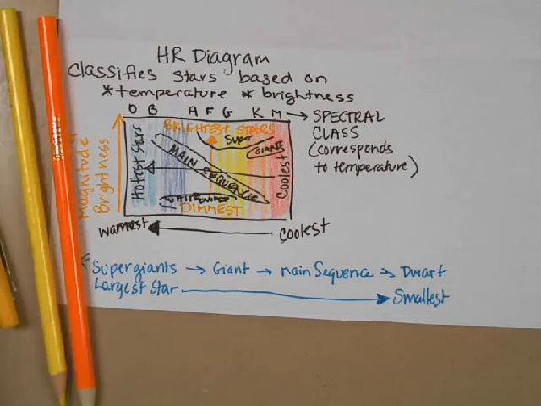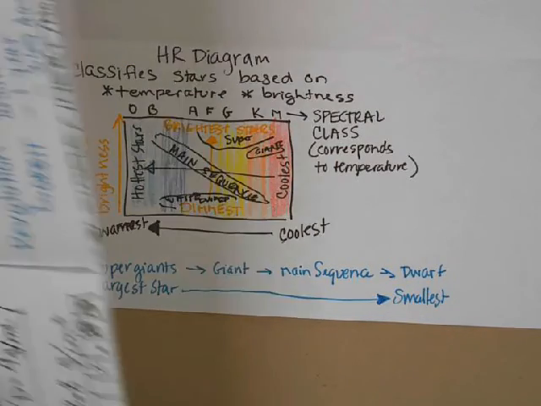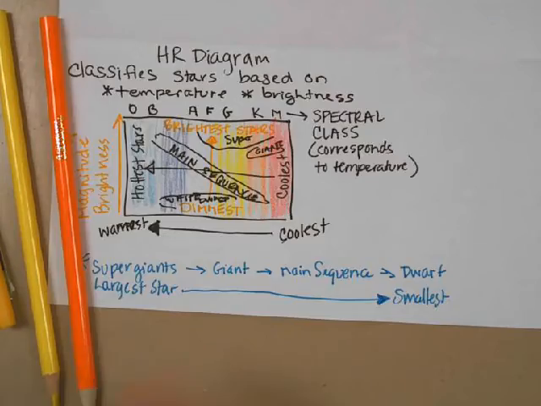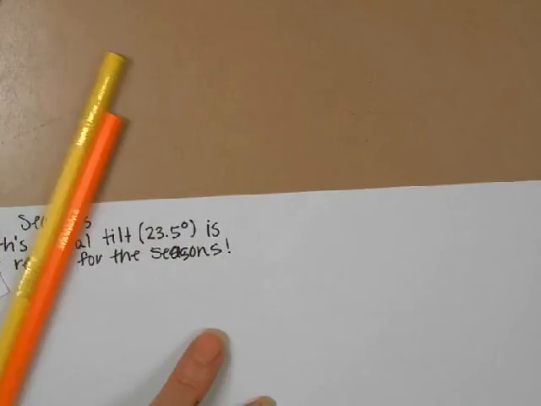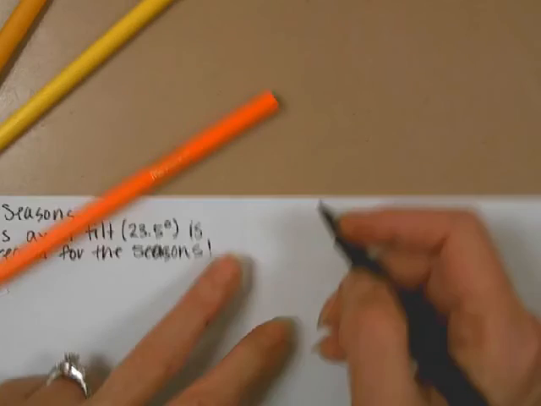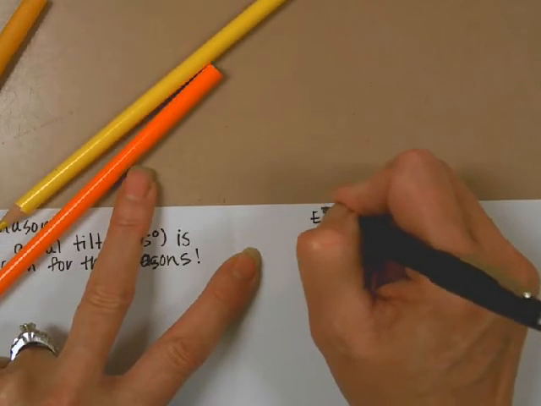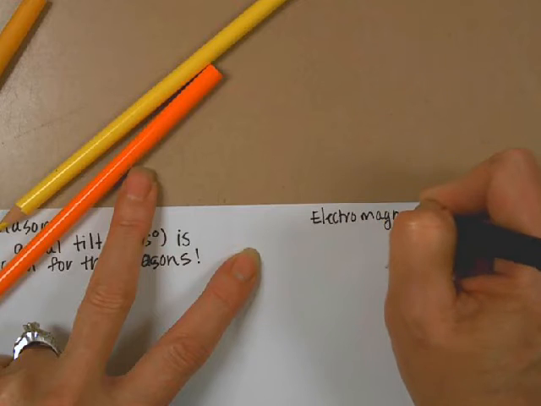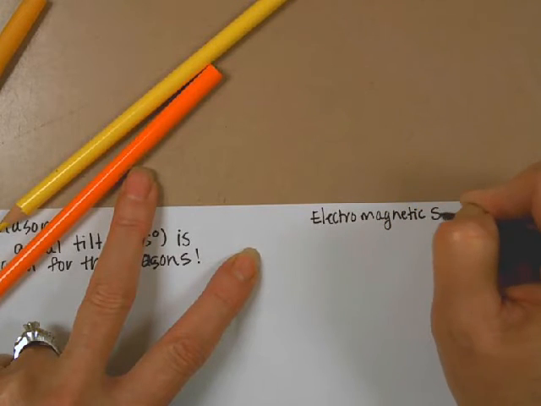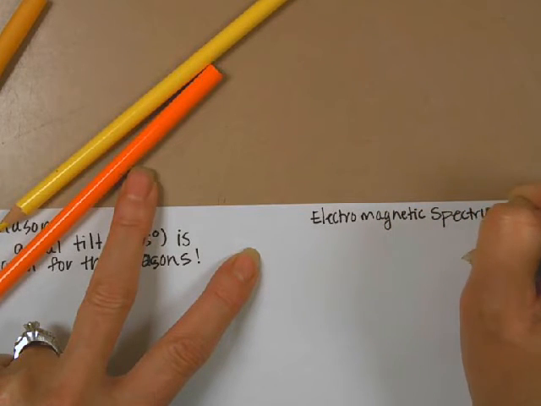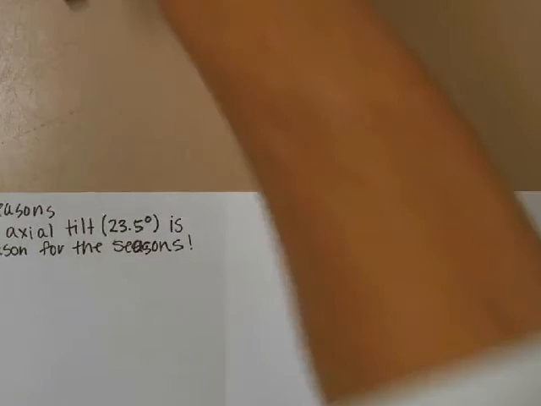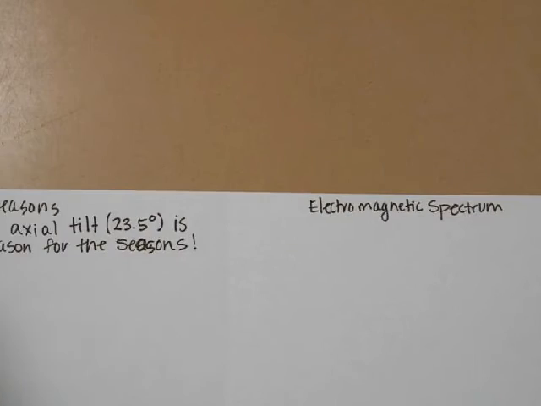As far as the electromagnetic spectrum goes, here are a couple things that you will be required to know. So one thing you probably want to know is the wavelengths in order. Since you have your notes, it's not going to be that big of a deal.